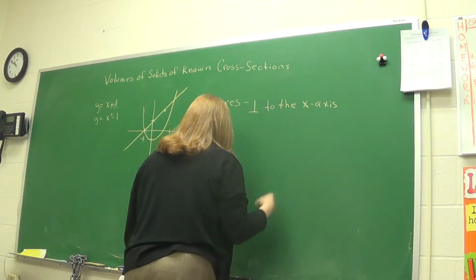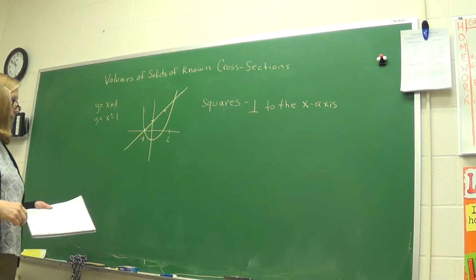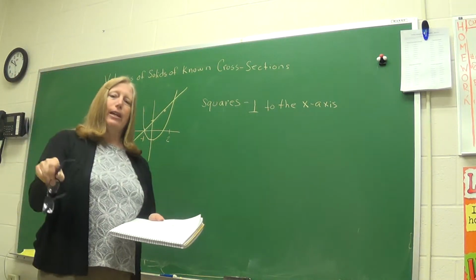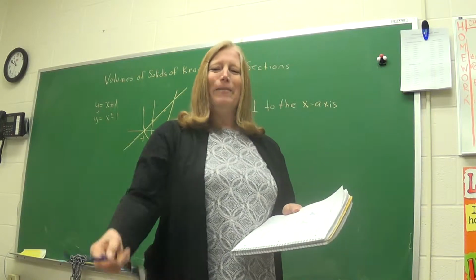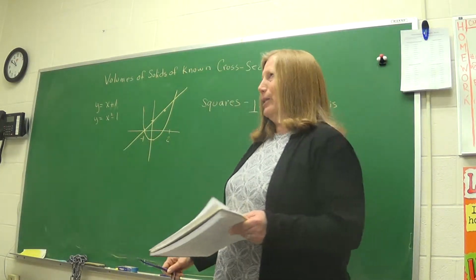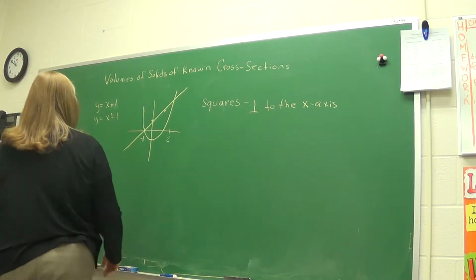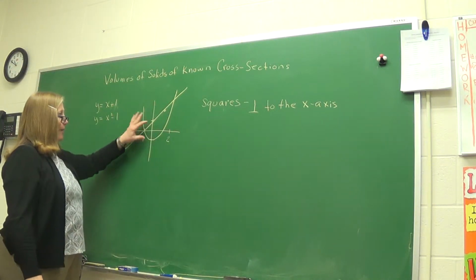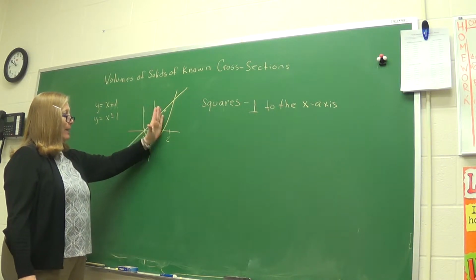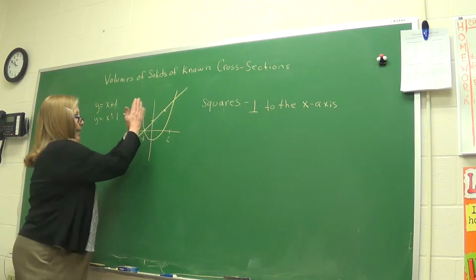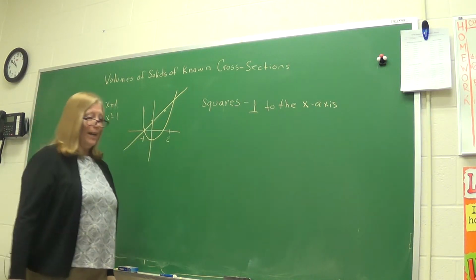And this is where my drawing really falls short, but on the handout that I will shine the projector on in a minute, maybe it'll look a little clearer, but I'll do the best I can. What's happening here is we're building a figure from this base, and every cross section that is perpendicular to the x-axis, if I cut it and lift it out and turn it over and show it to you, is going to be a square.